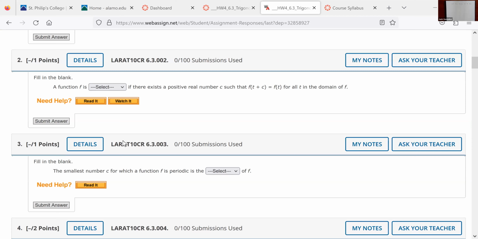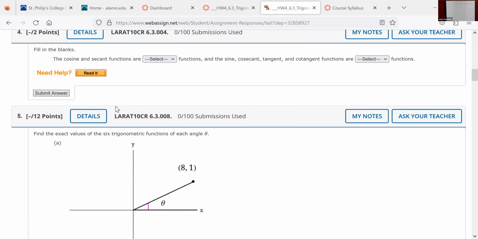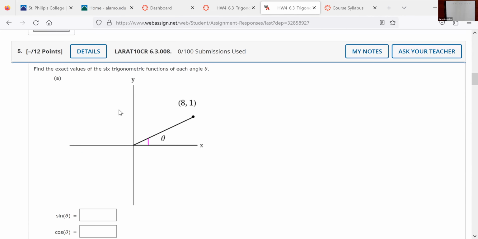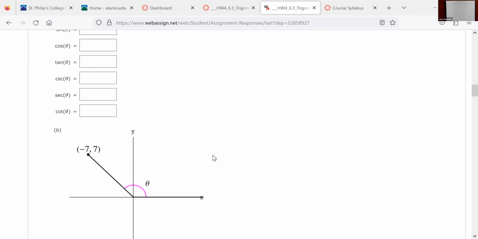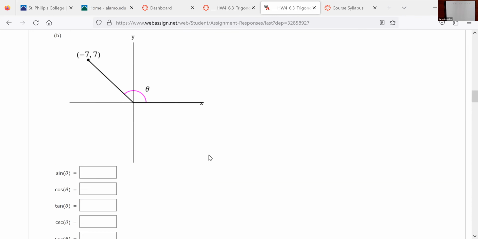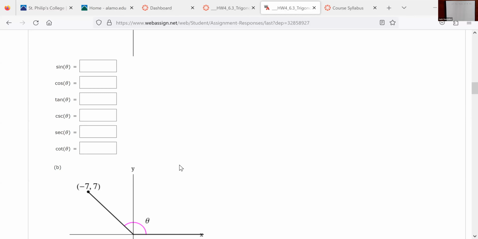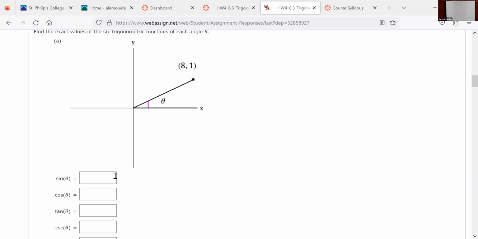All right, so there's some conceptual questions. Find the exact value. Okay. So basically, this is my X and Y points.